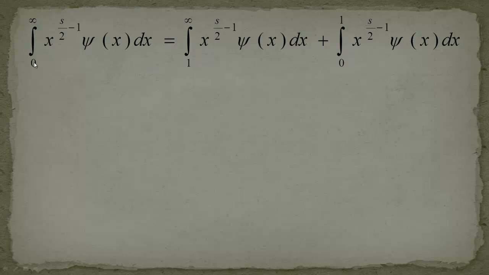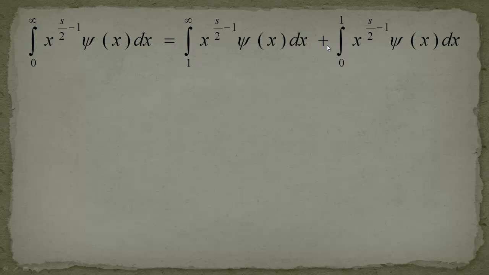So we have the interval from 0 to infinity, and we divide this into 2 parts, so from 1 to infinity and from 0 to 1. Remember, if we add them together we will have the same integral as we have on the left hand side.